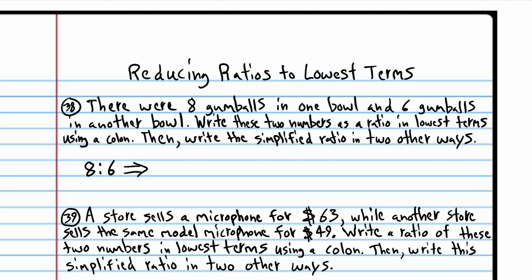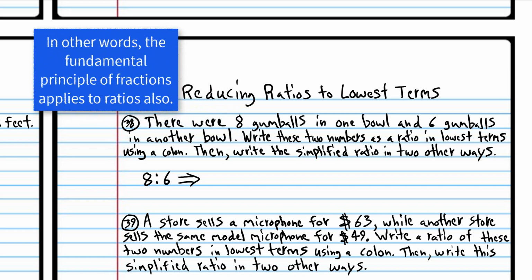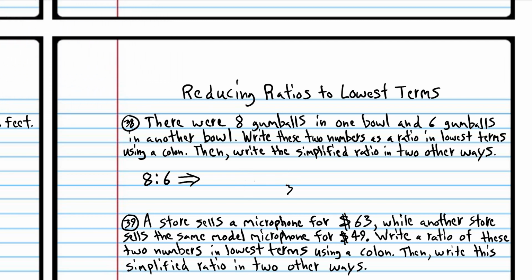And it's important to understand that you reduce a ratio the same way you would reduce a fraction, because again, a ratio is the same thing. You can write a ratio as a fraction. If you reduce that ratio, you divide both sides by 2, you get 4 over 3. That's all that we're doing here. So we'd write 4 to 3 using a colon. So we have the simplified form of the ratio using a colon.